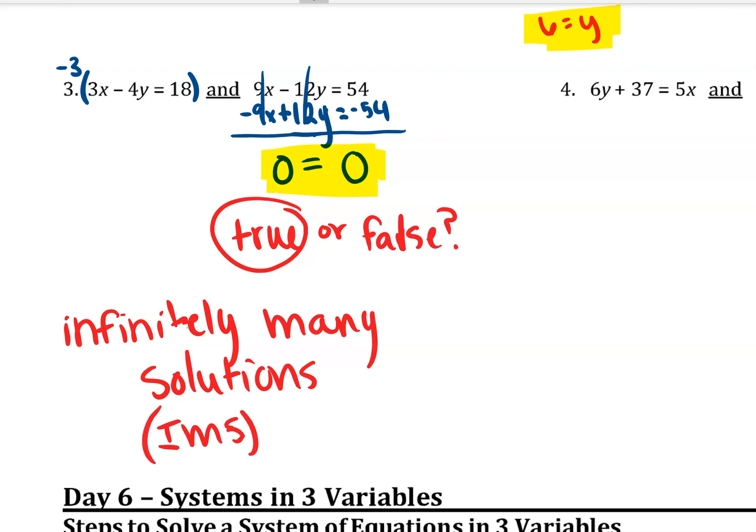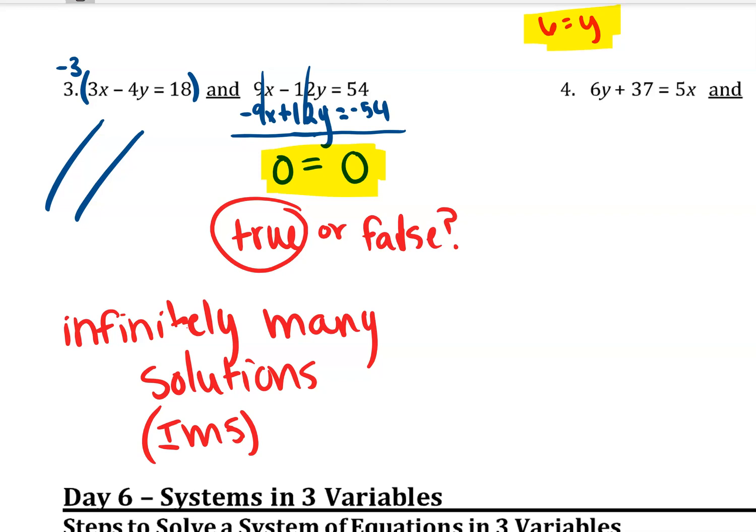The reason it's infinitely many solutions and not all solutions goes back to understanding that the solution of a system is just where the two lines intersect. So a normal solution looks, I don't know, something like that. No solution would look something like this because they never cross, so that would be no solution.